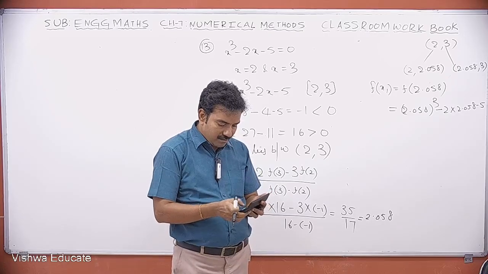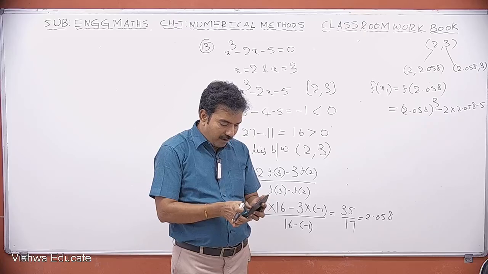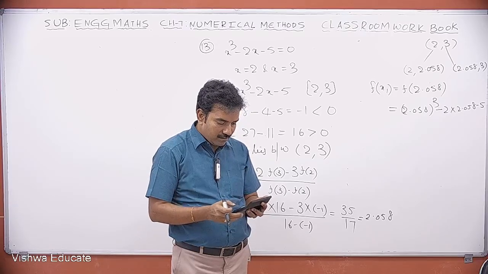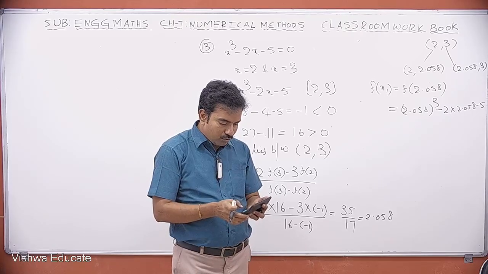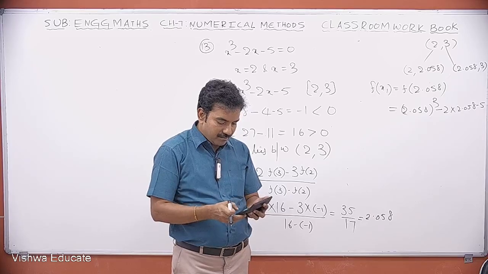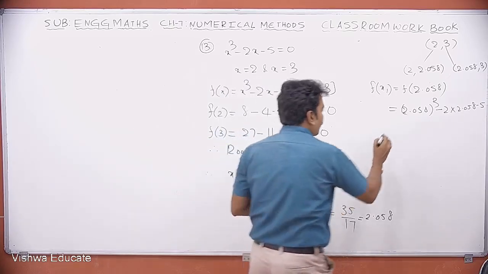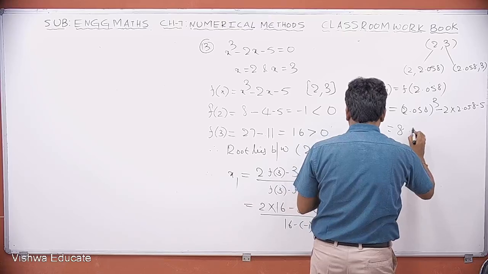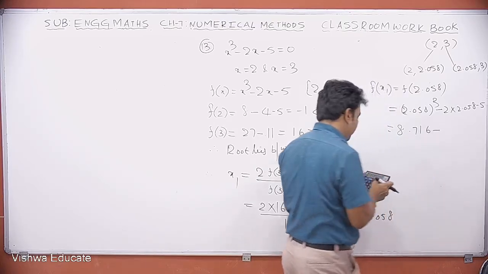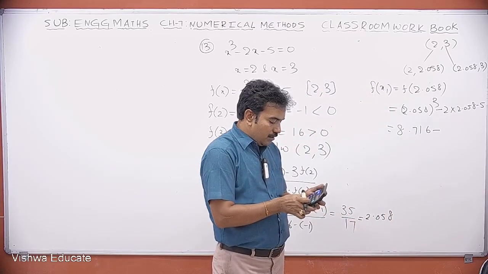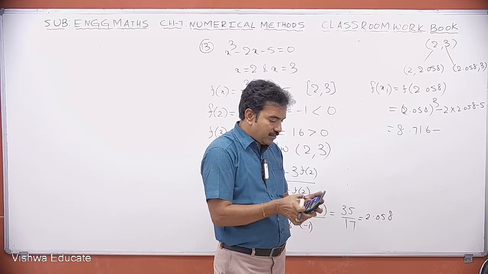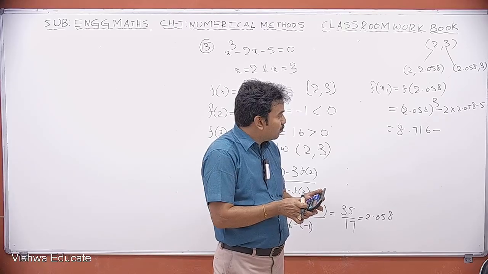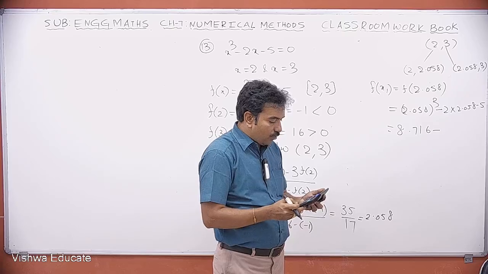2.058 into 2.058 into 2.058. So therefore this expression is 8.716 minus 2.058 into 2, equal to this.